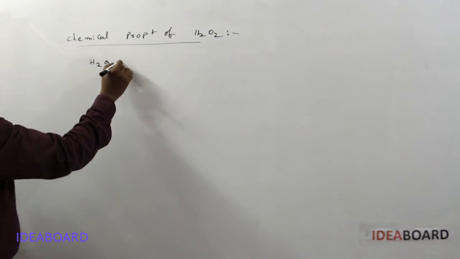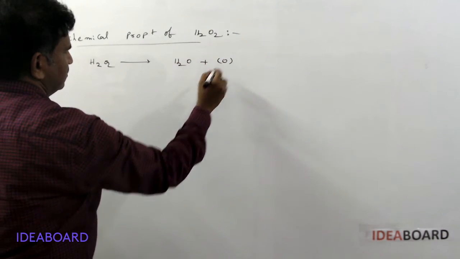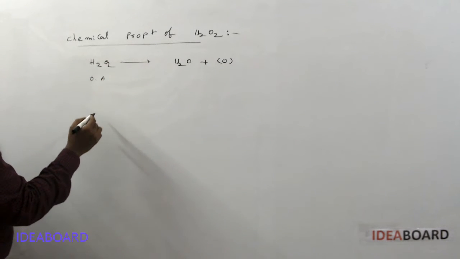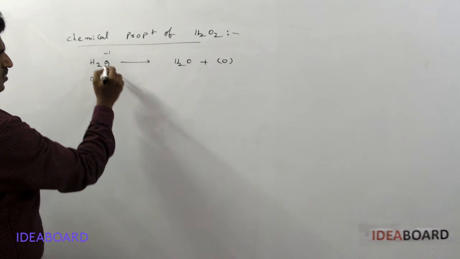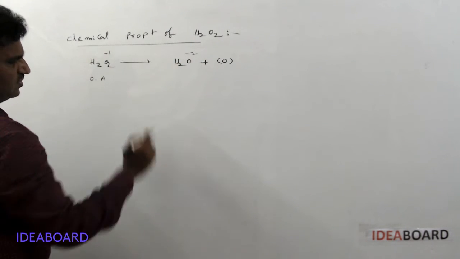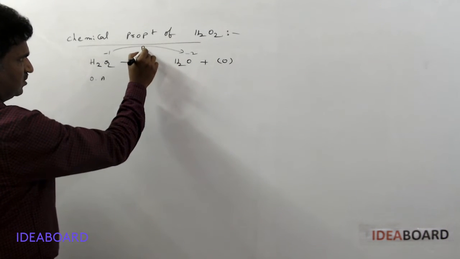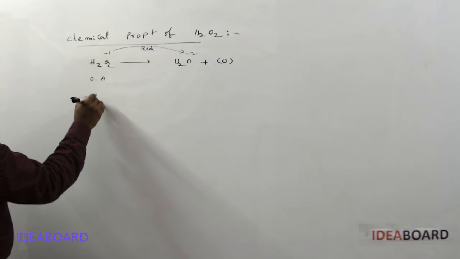Here, H2O2, by converting into H2O and nascent oxygen, acts as an oxidizing agent. How is this an oxidizing agent? H2O2 has oxygen at -1, and here it is -2. -1 to -2 means it is a reduction process. So this acts as an oxidizing agent.